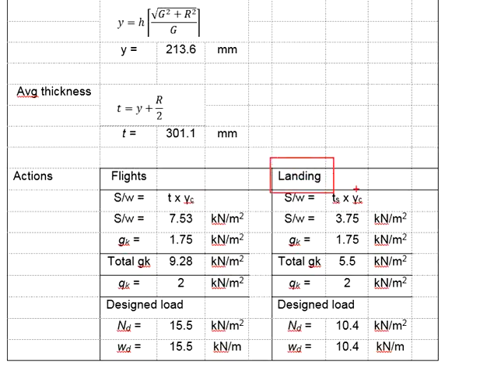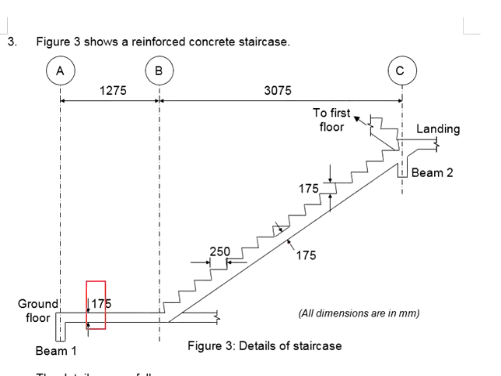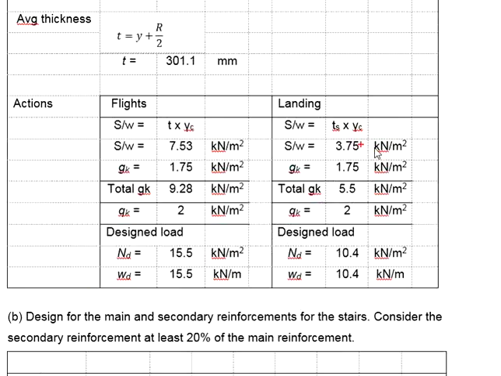As for the landing, the average thickness is 175. So you use the thickness of 175 multiplied with the unit weight. That gives you another self-weight. Having the self-weight of the staircase determined, your next step is to determine the Gk.